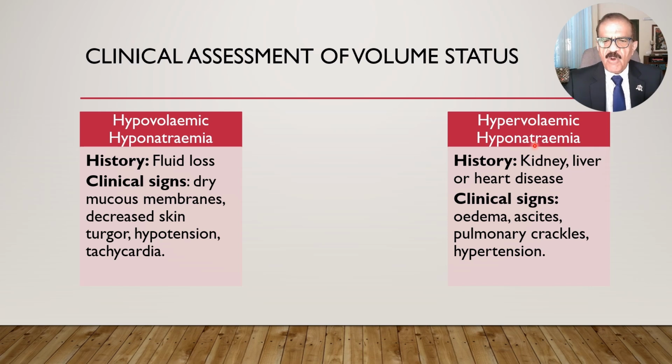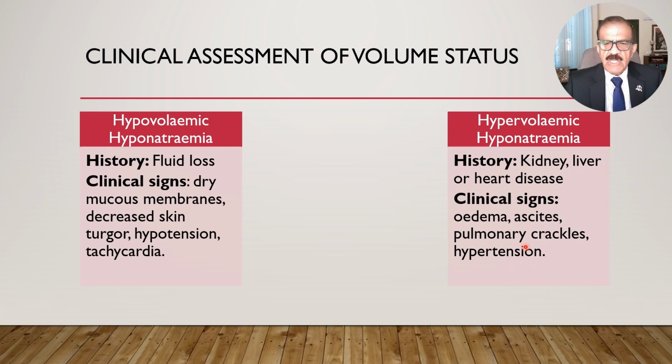The volume of body is increased, but sodium is reduced. Now, the clinical signs in these conditions would be presence of edema, which is mostly dependent, and also pitting, and there may be ascites, there may be pulmonary crackles indicating pulmonary edema, there may be reduced air entry on the lung bases indicating pleural effusions, or there may be hypertension.